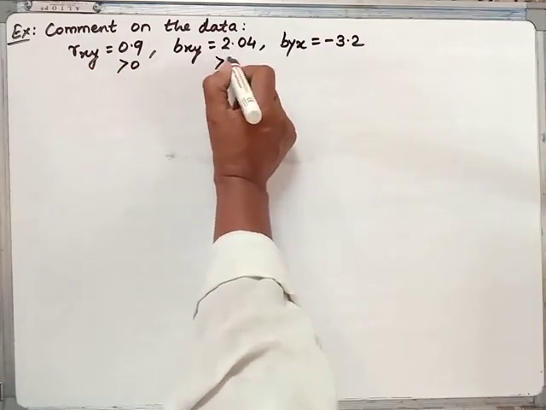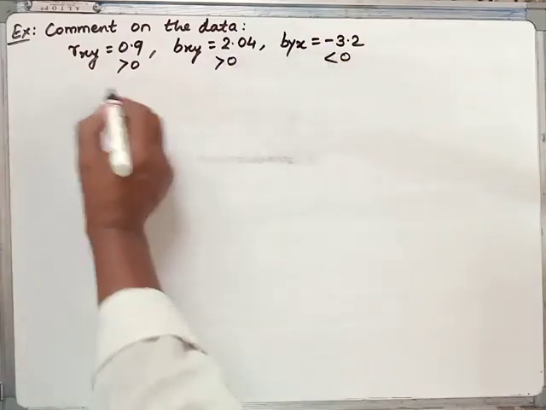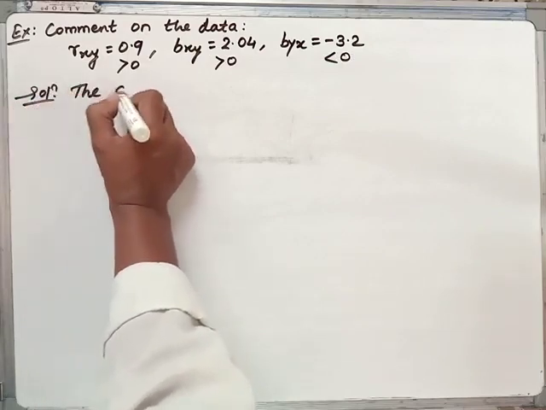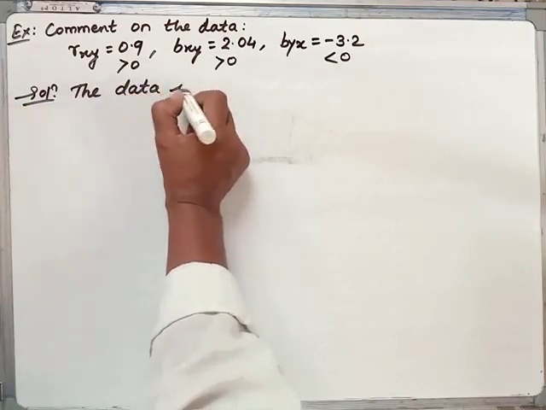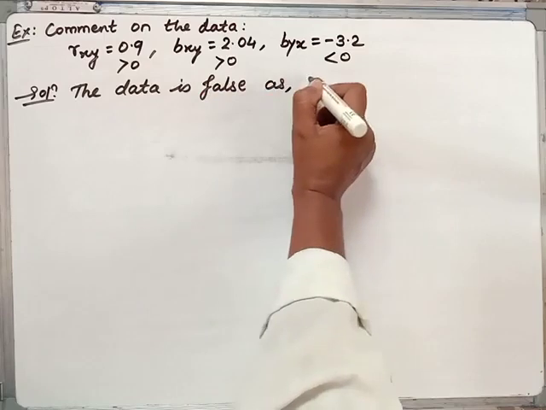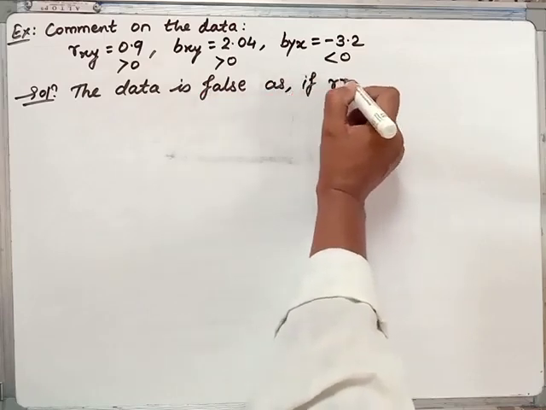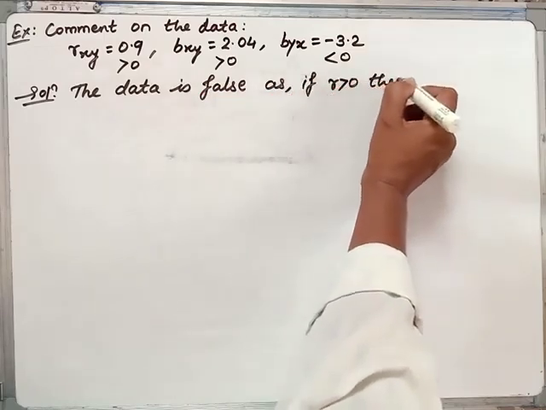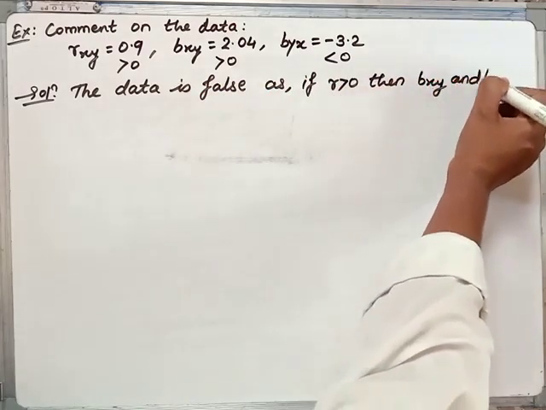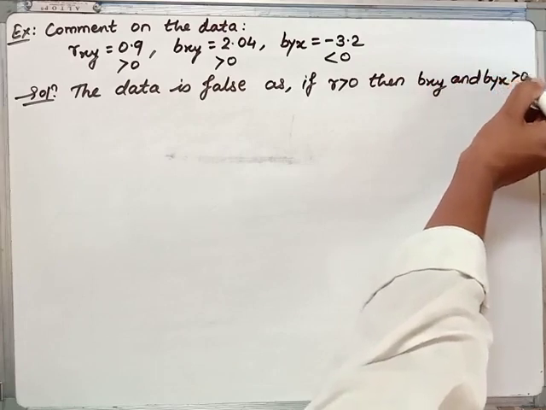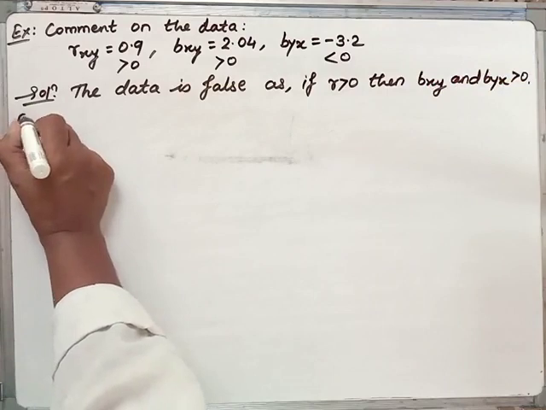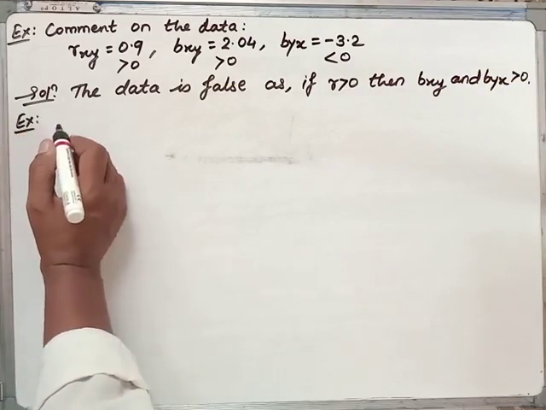This is again positive, and this is negative. So the solution for this: the data is false. Why? First property we have written, if r is positive, then bxy and byx both must be positive. This is the simple thing. Okay. Another example, let's take.